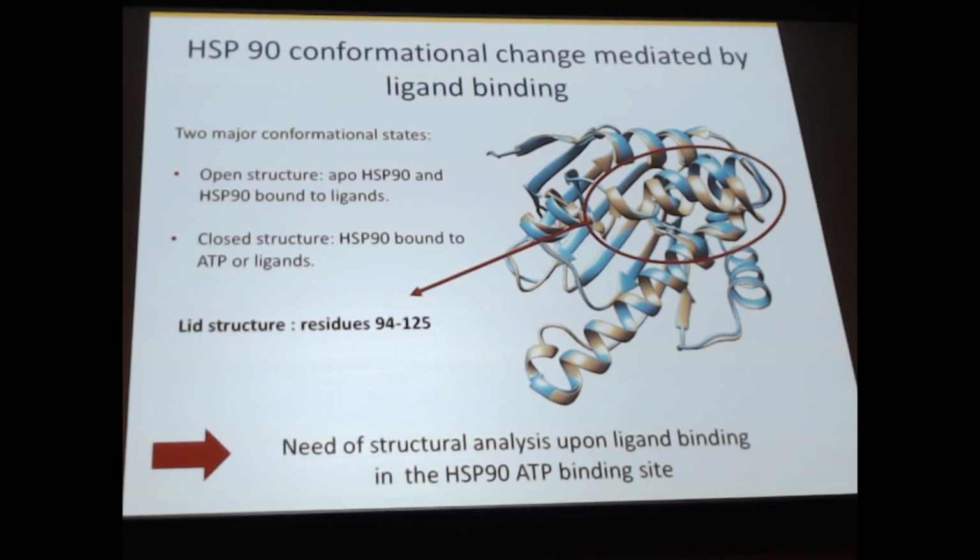Moreover, several docking studies showed that the preference of a ligand to bind to an open or a closed conformation depends on its chemical family. Since A, B, and C are from different chemical families, we wanted to see what changes they make while binding to the protein.